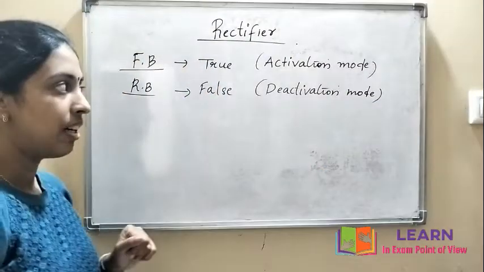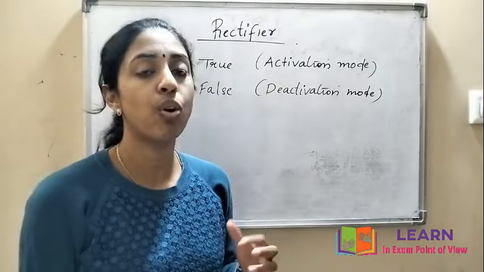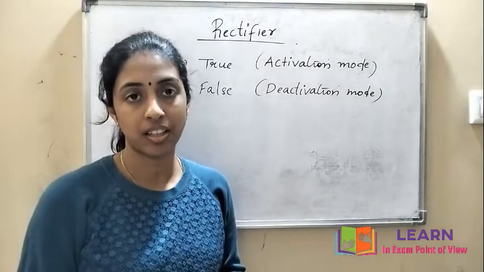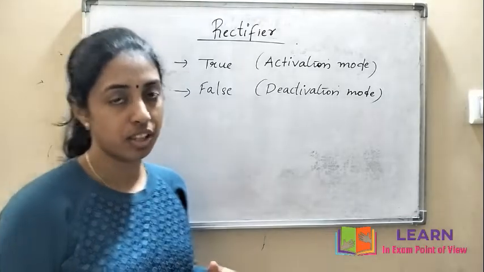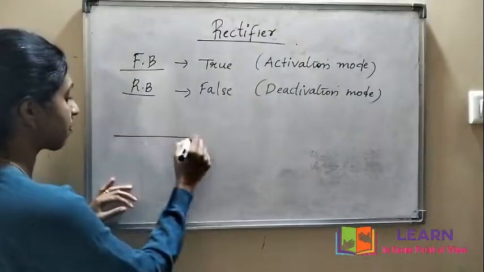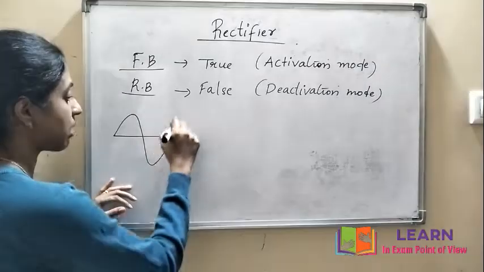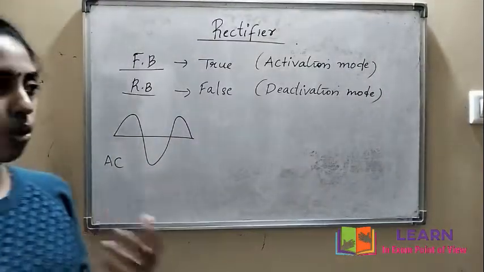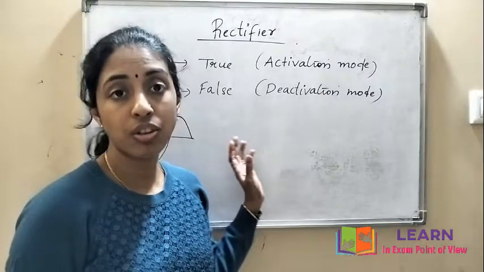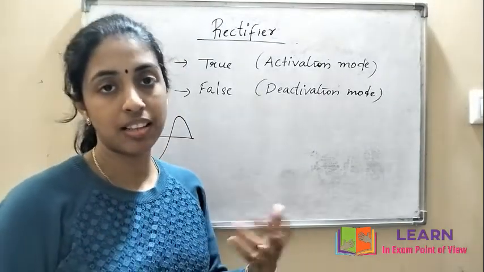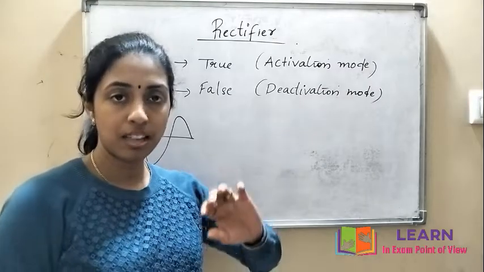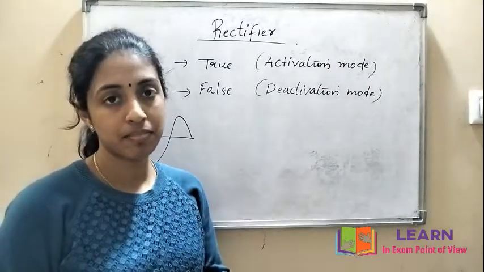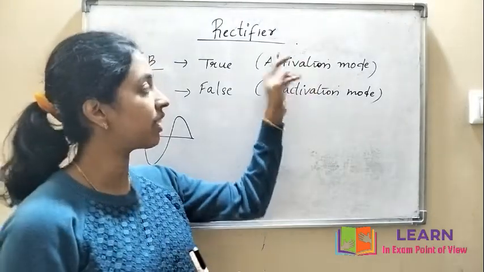Next, in our homes the supply current comes in AC form, alternating voltage, like this, with positive and negative half cycles. But electronic devices will not work with this AC voltage. They need DC voltage. That means we need a conversion from AC to DC. For that we need a rectifier.